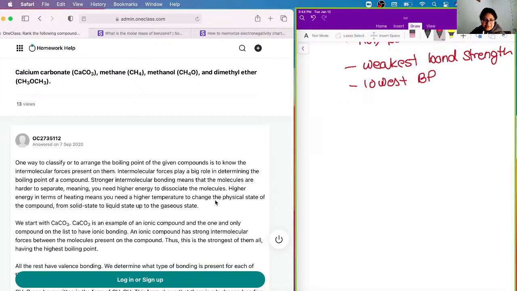And so let's look at the other one. Let's look at methanol. And so methanol can be written as CH3OH. Okay, and so this form shows there's hydrogen bonding.